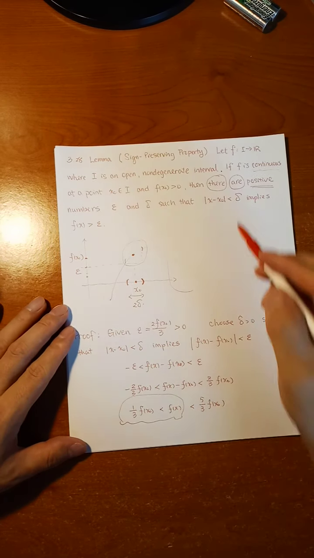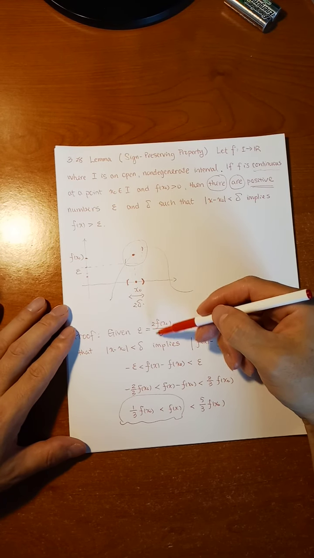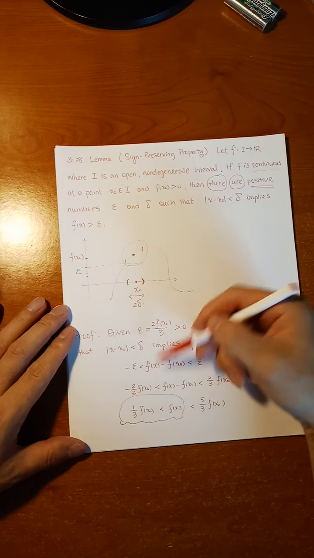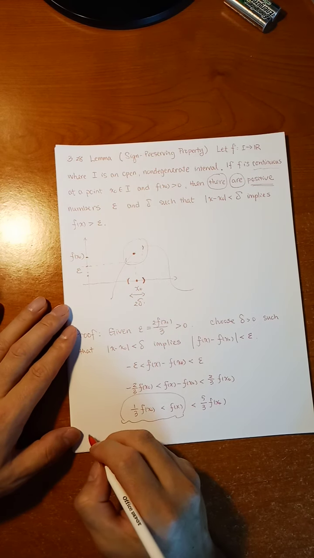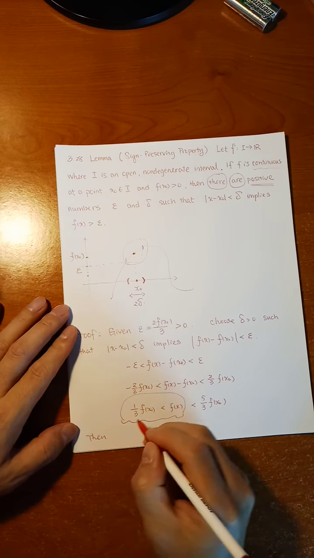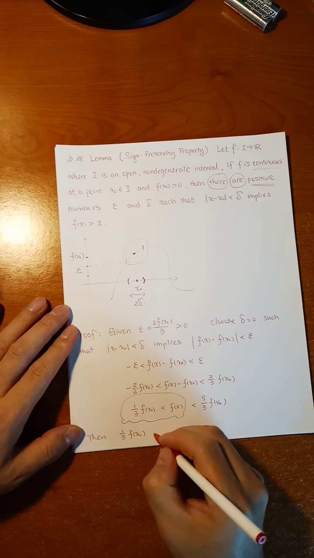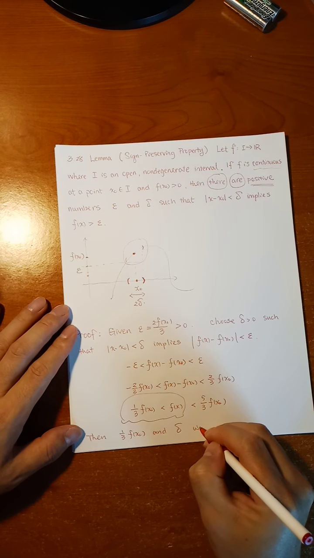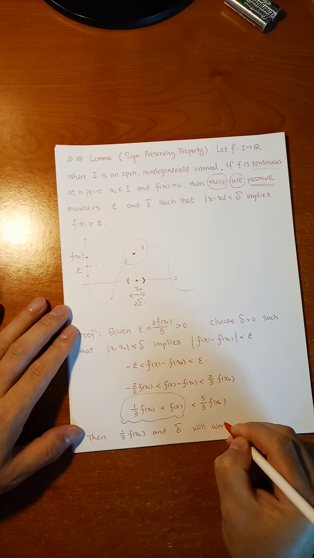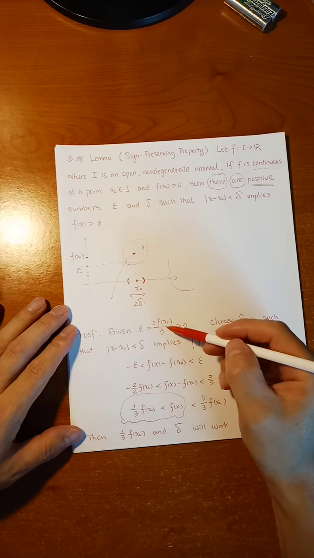Okay. So now you can see that if we choose 1/2, here is still 1/2. But if you choose 2/3, this becomes 1/3. Okay. Then 1/3 of f(x0) and delta will work. Well, this epsilon is not this epsilon.